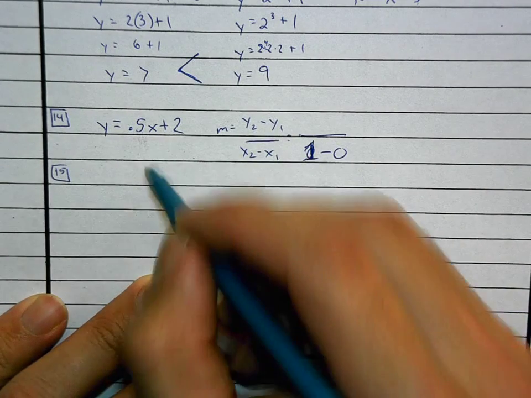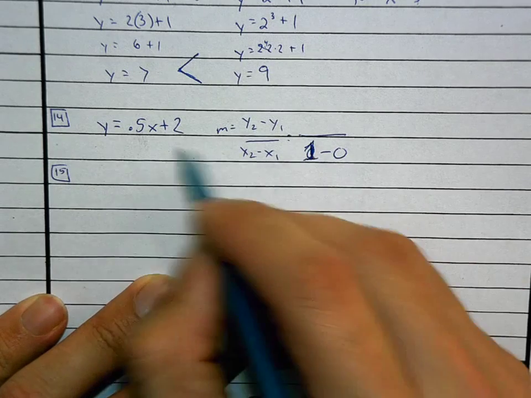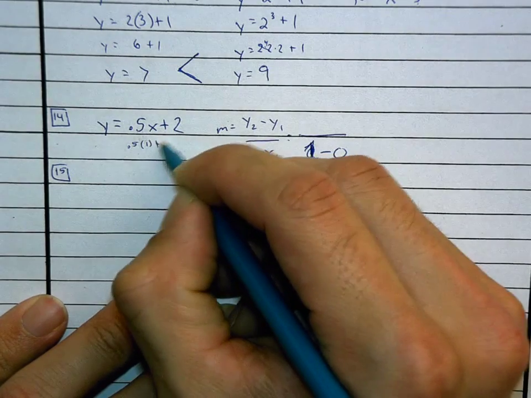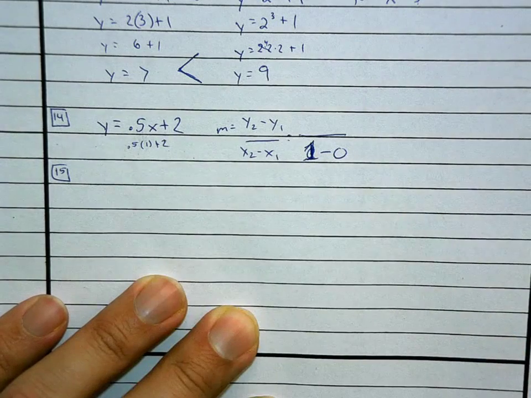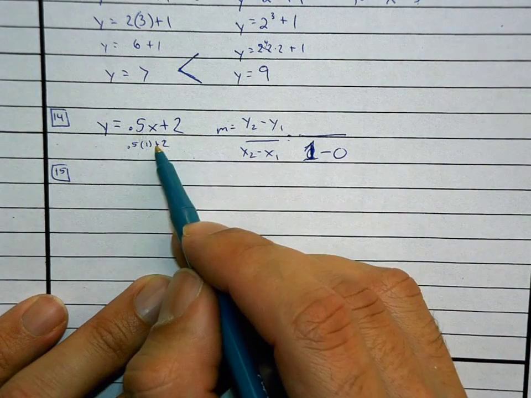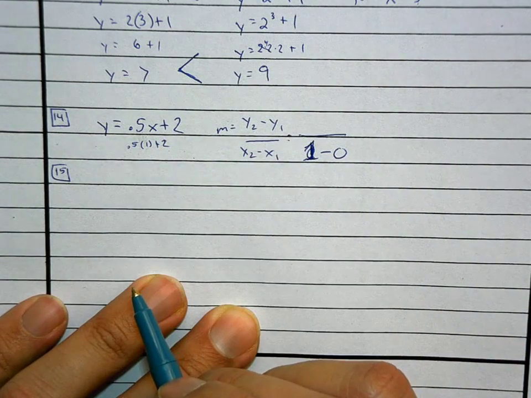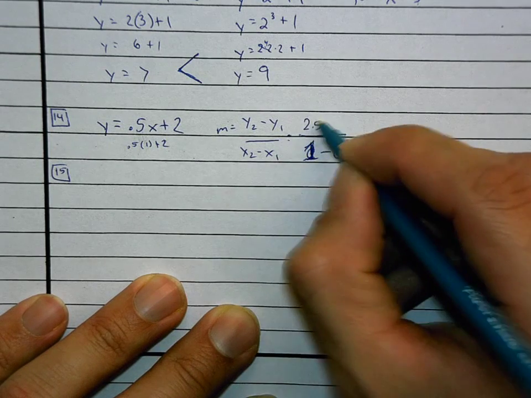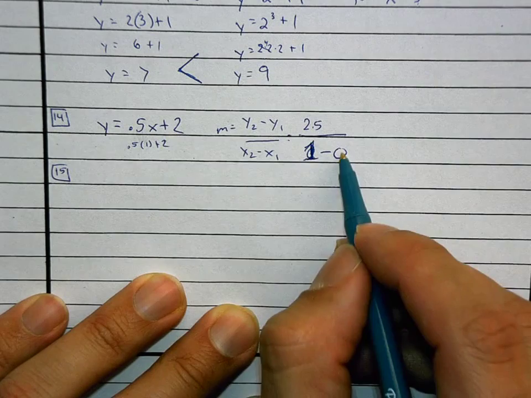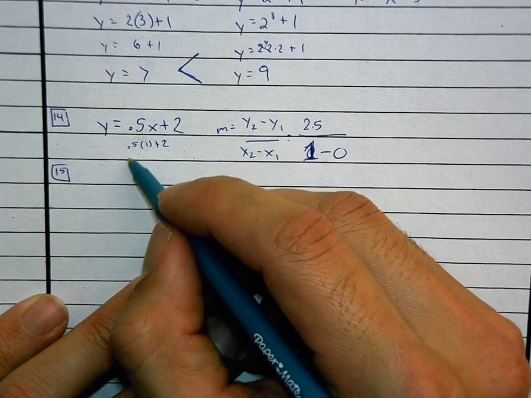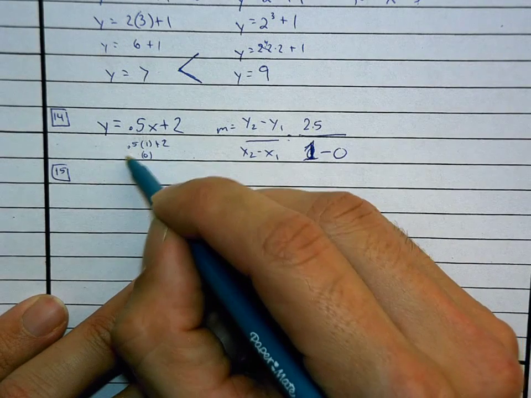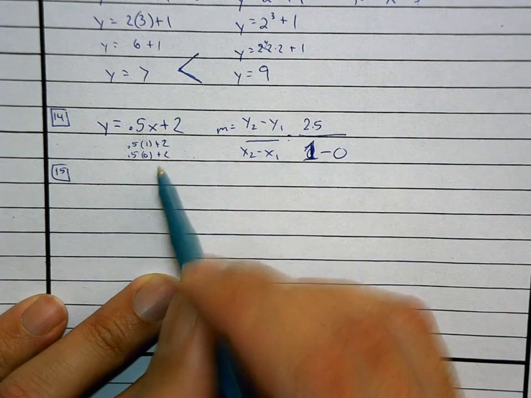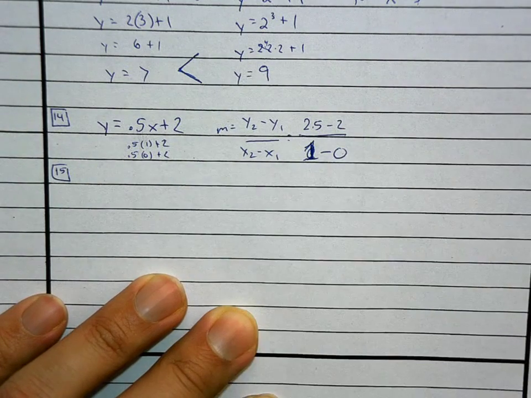So I plug in the 1 here: 0.5 times 1 plus 2, and figure out what that is. 2 plus 0.5 is 2.5. I also have to plug in the 0 to figure out the y value. 0 plus 2 is 2.